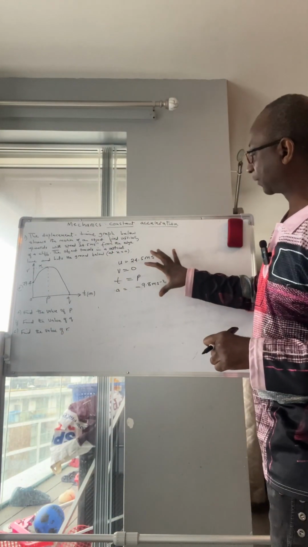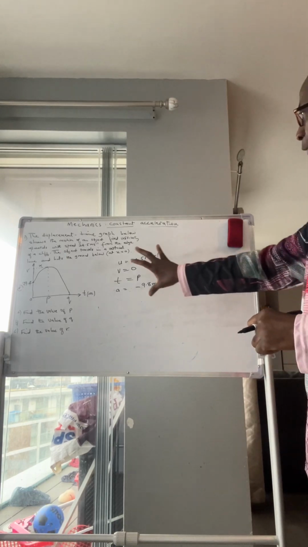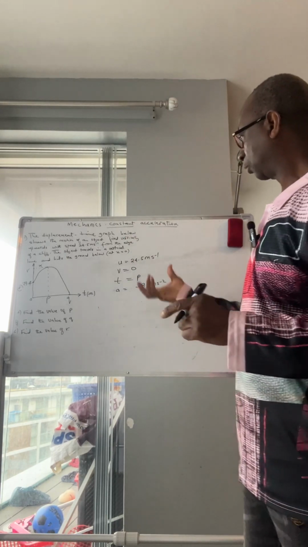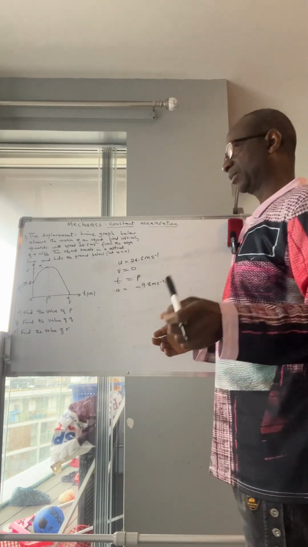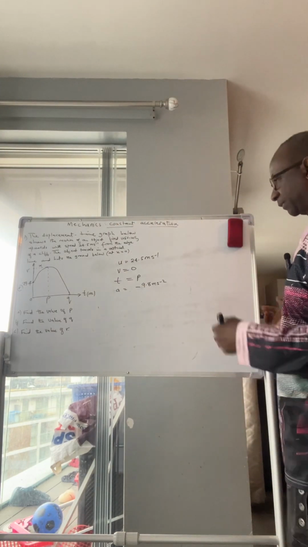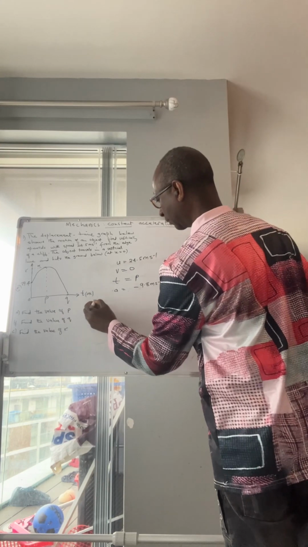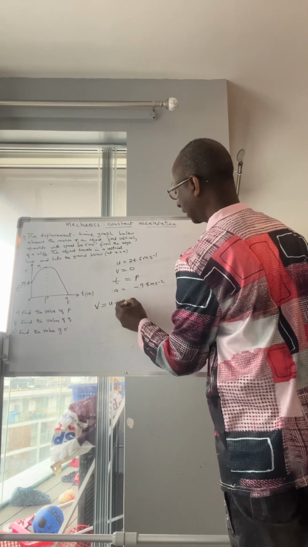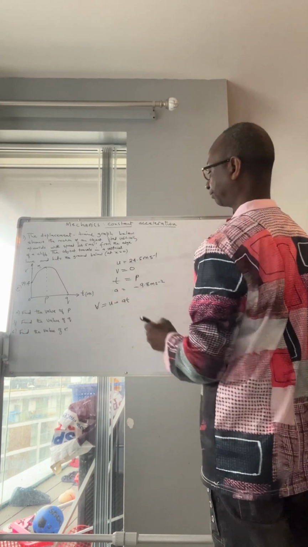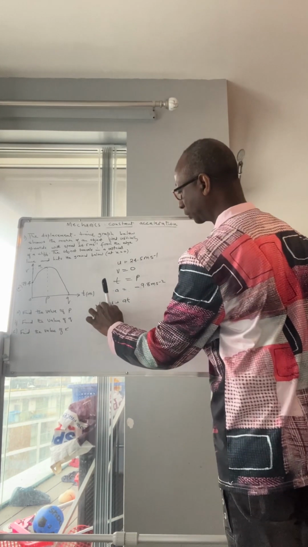So according to our 5 formulas for constant acceleration, which one should we use here? We are given u, v, a. So obviously it's the first formula, which says final velocity equals initial velocity plus acceleration times the time. This is what we use.